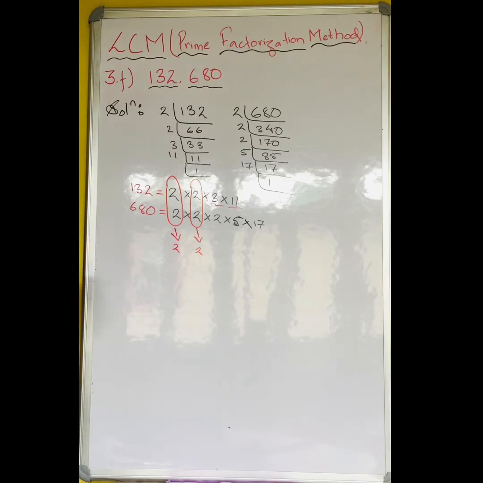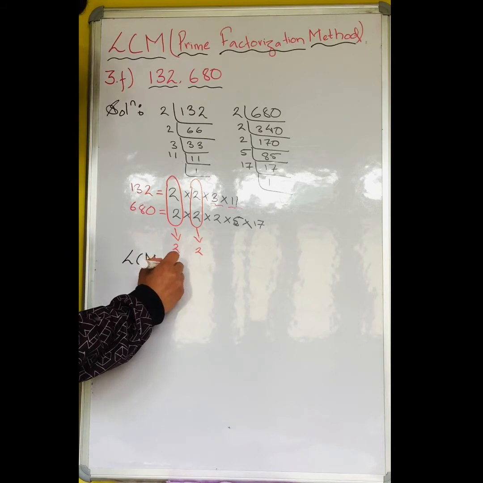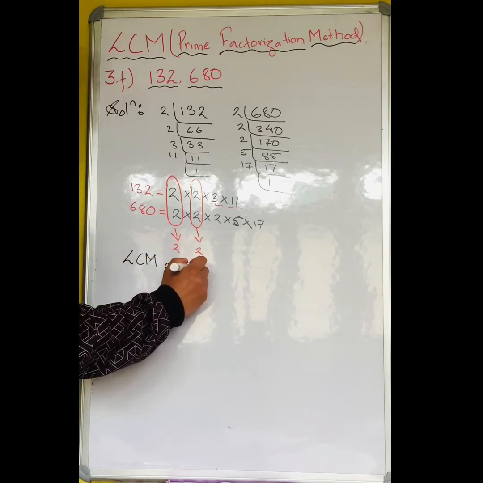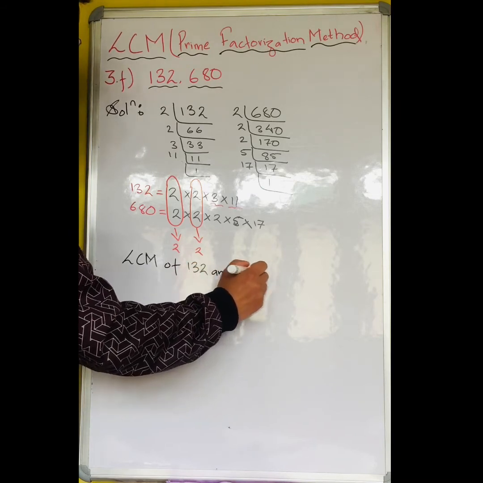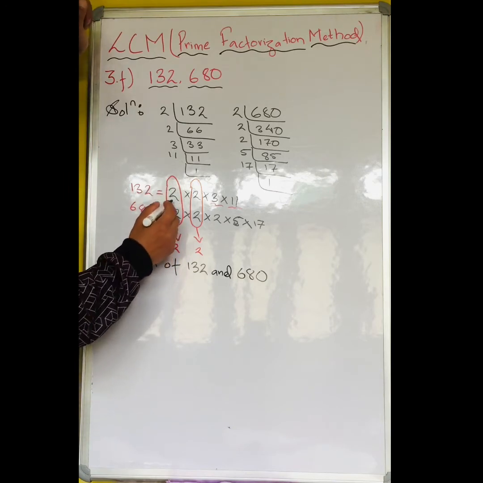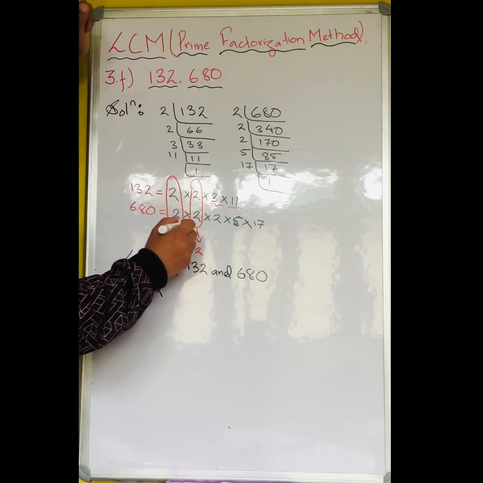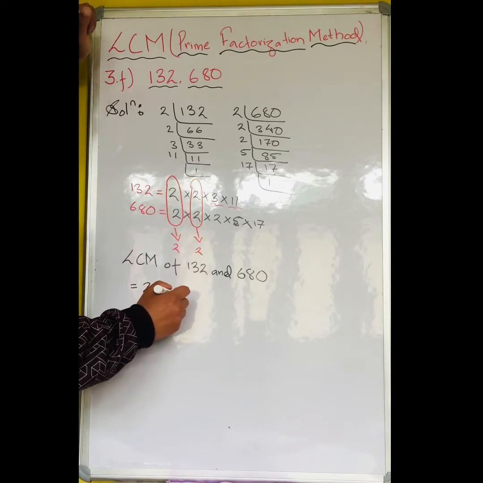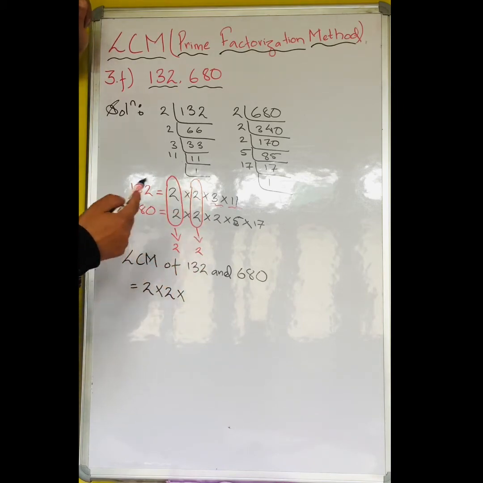So let me write here the LCM of 132 and 680 is equal to: for this pair one 2, into for this pair one 2. Now there is no other pair. For 3 there is no 3, so all the others are unpaired.